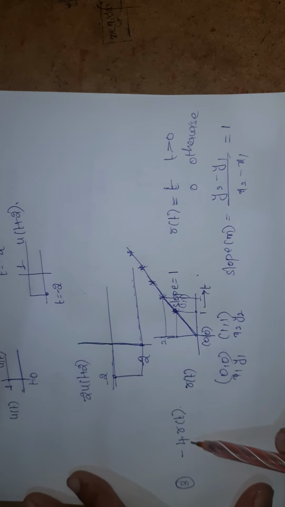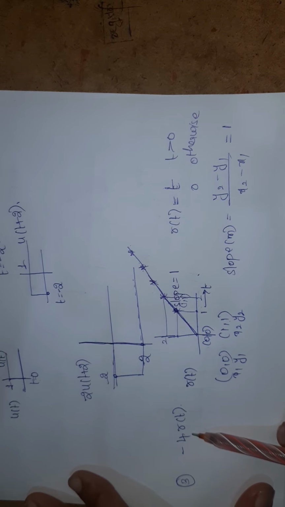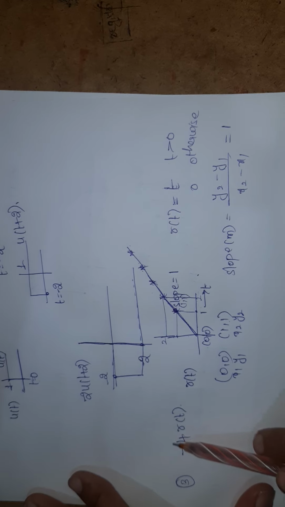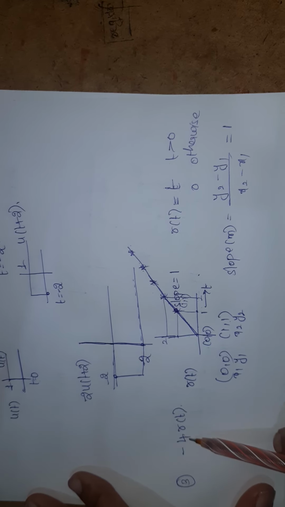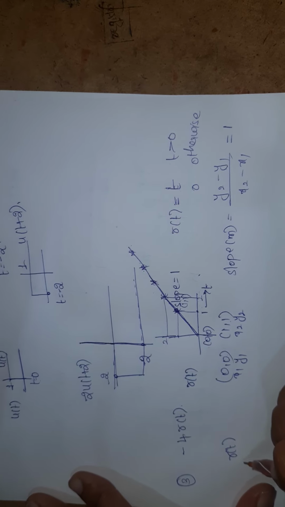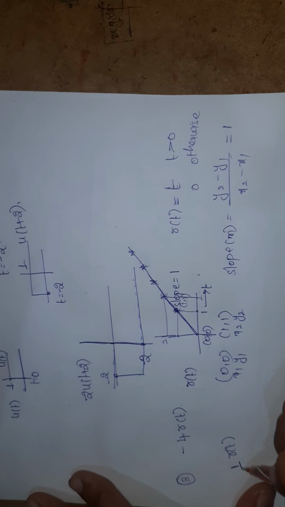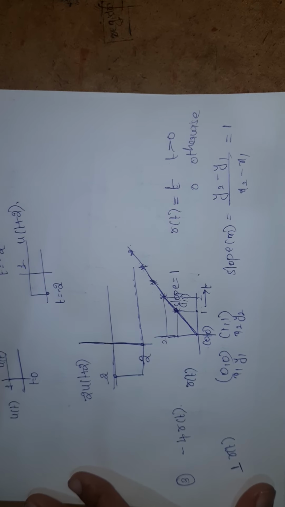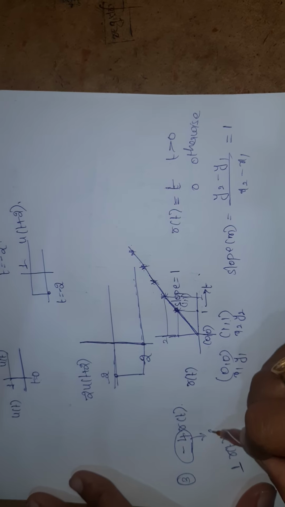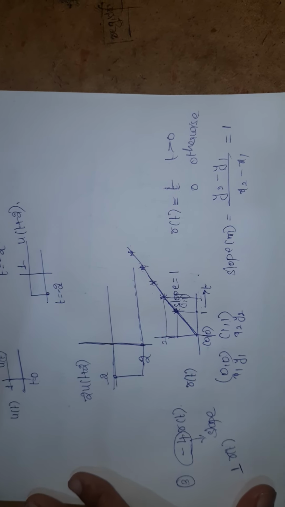But here in the given problem, it is having the slope minus 4. Okay, if only r of t is present, means here 1 is present, you have to consider it as a slope. Here whatever the value we are having, that should be considered as a slope value.